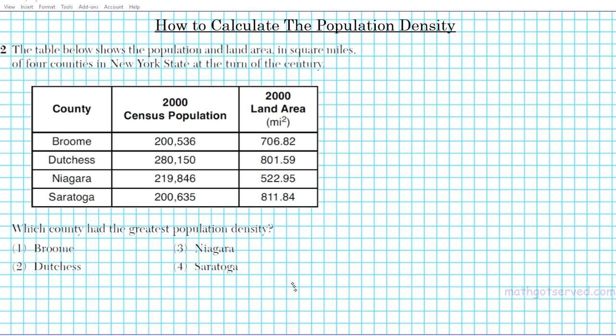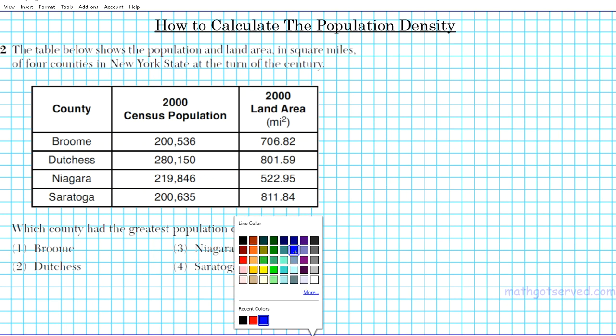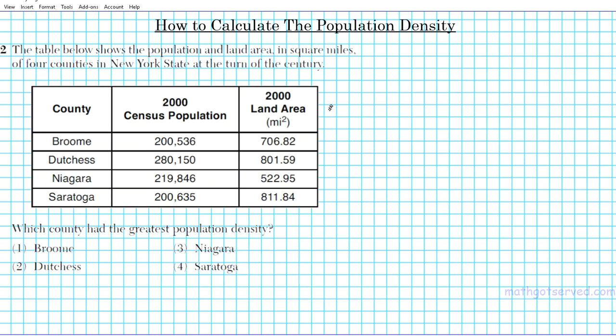Now before we get started, we are going to take a look at what the formula for computing a population density is. Alright, so your formula is as follows. Population density, let's write that down.